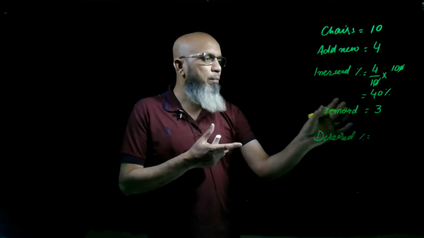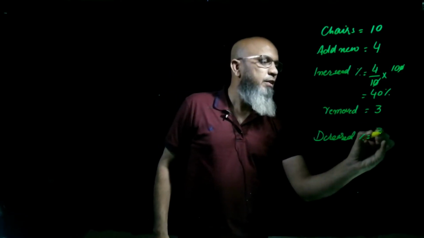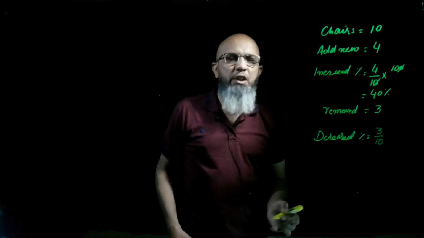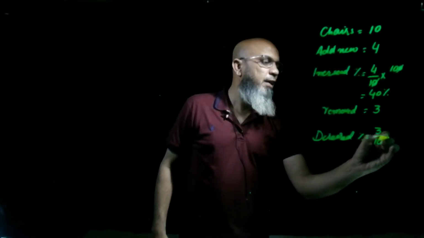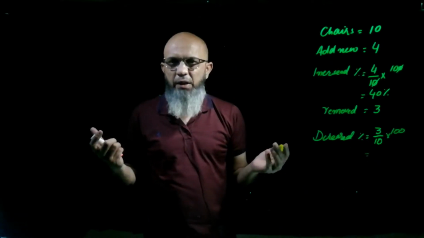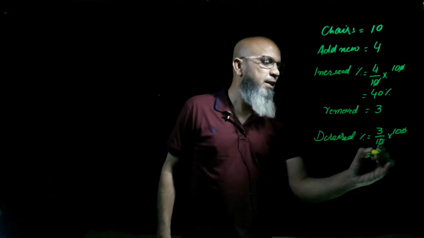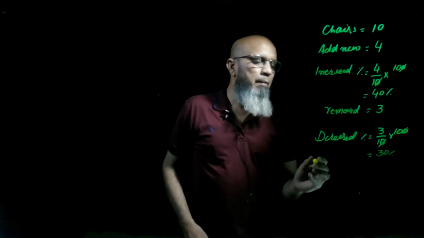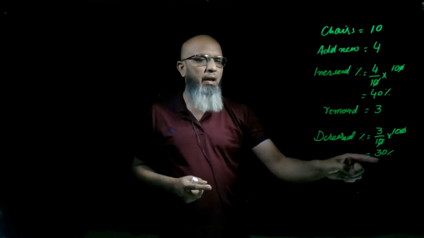How many chairs did we remove? We removed 3 chairs. It means 3 over the total chairs, or the original quantity, or the original amount, that is 10, into 100. Why is 100 there? Because we are going to find the percentage. So 0 cuts with 0, that is 30%. The decrease in the percentage is 30.